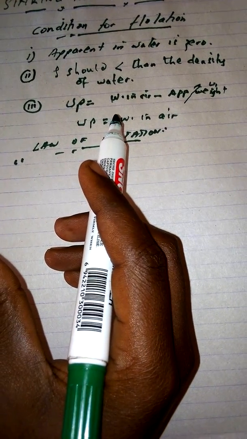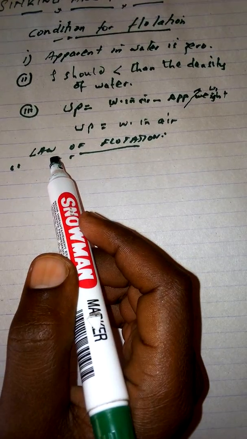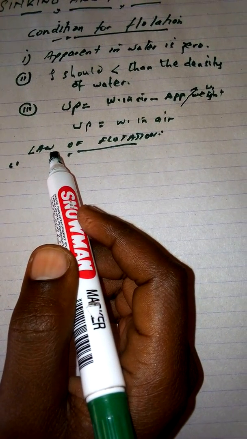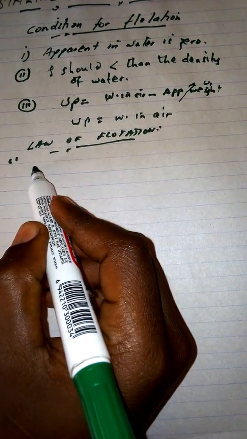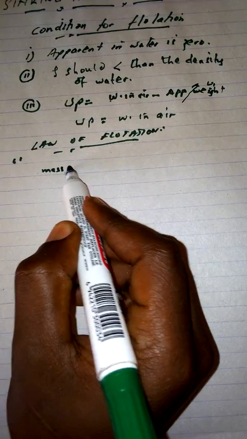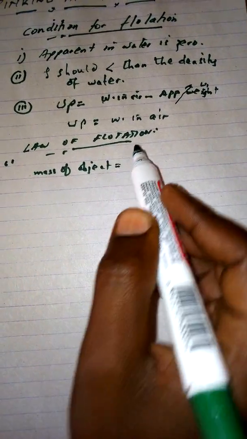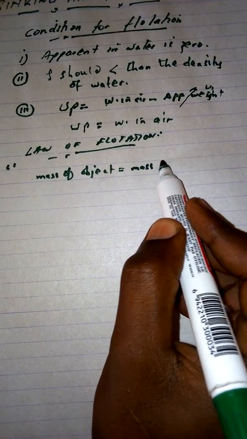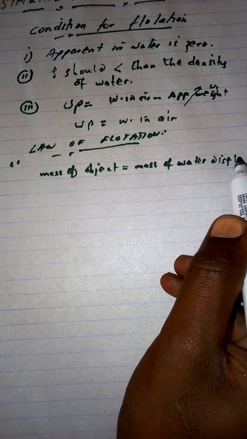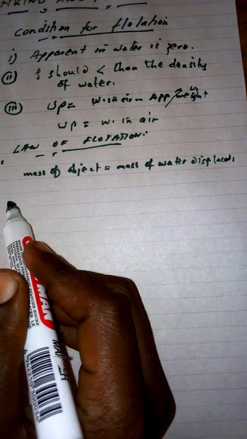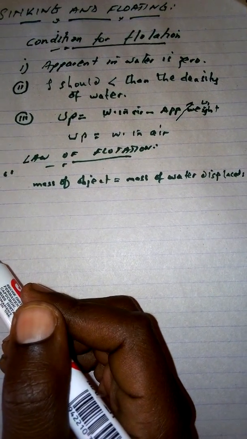So you can write that the mass of object will be equal to the mass of water displaced, because any floating object displaces its own mass or weight.